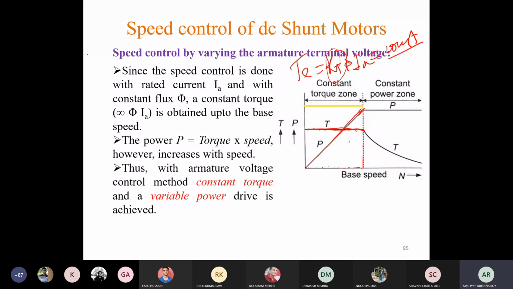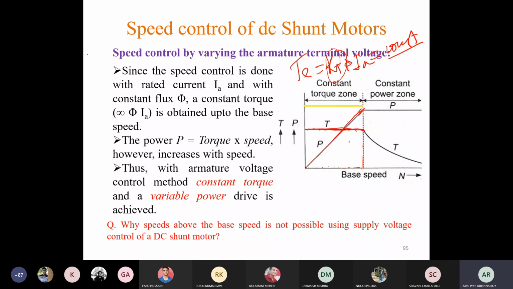So by applying this method a constant torque drive or a variable power drive is formed. Is it clear? Yes, sir. Okay.